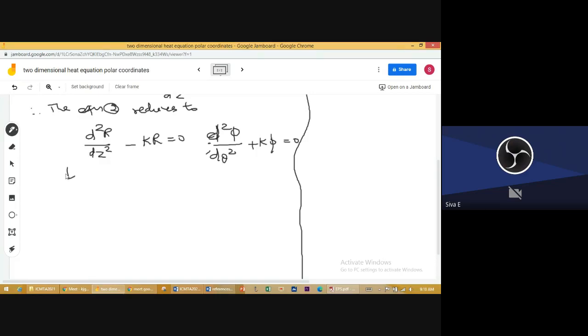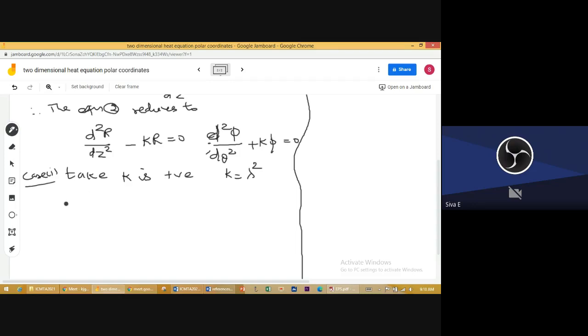Take case 1. Take k is positive. That means take k equal to some lambda square. Lambda may be positive or negative, k always positive.